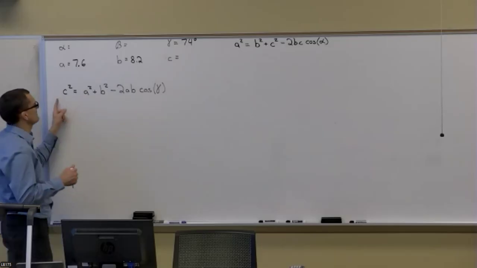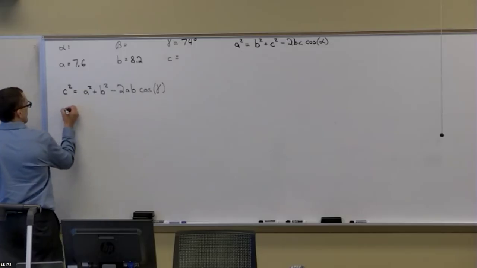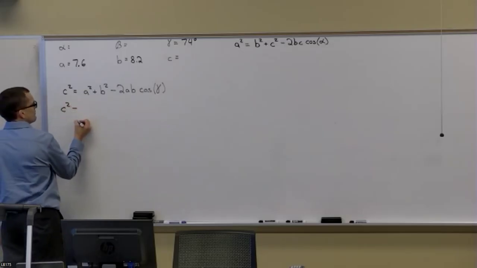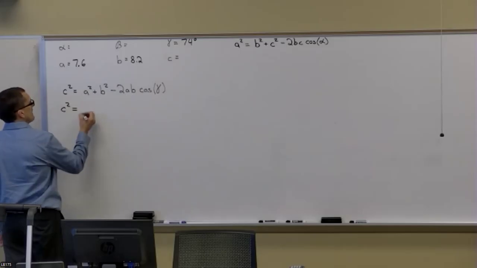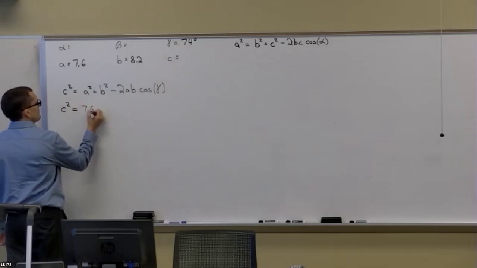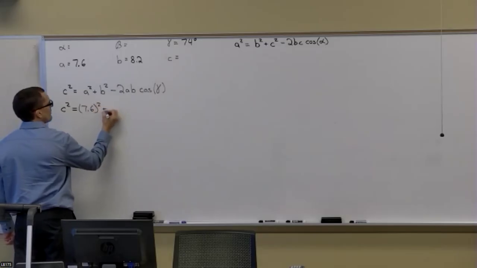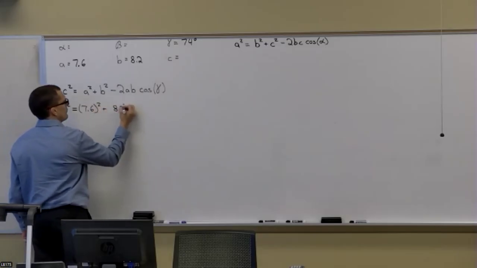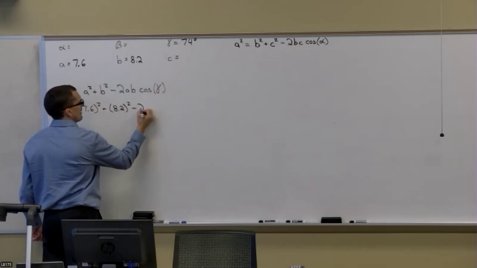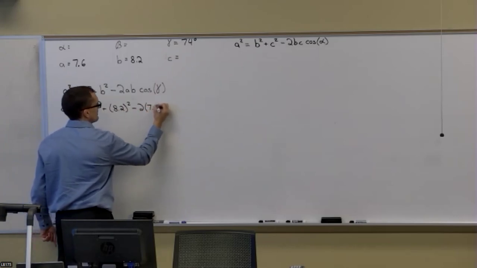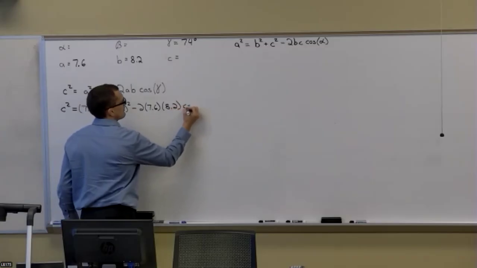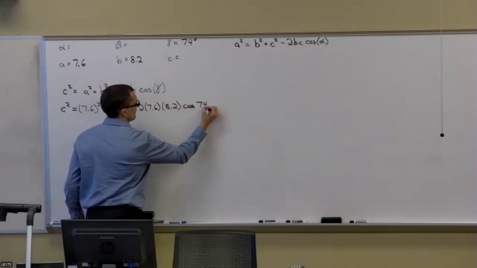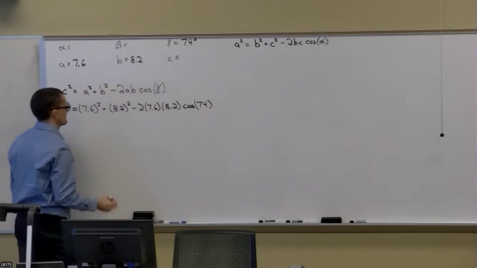On that one, c squared is equal to a squared plus b squared minus 2ab times cosine of gamma. So in this case, c squared would be 7.6 squared plus 8.2 squared minus 2 times 7.6 times 8.2 times the cosine of 74 degrees.